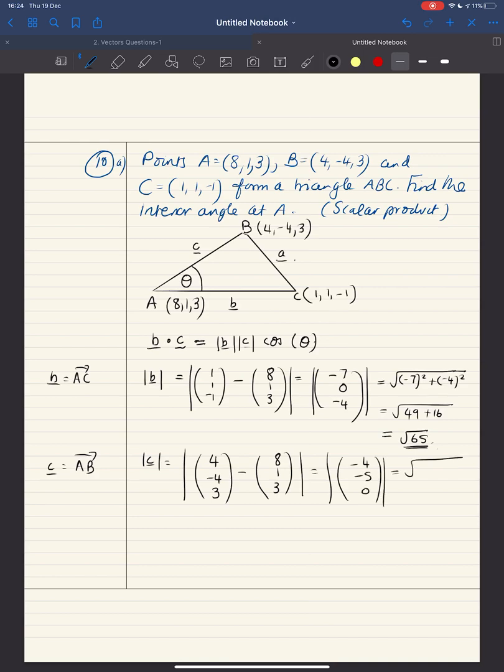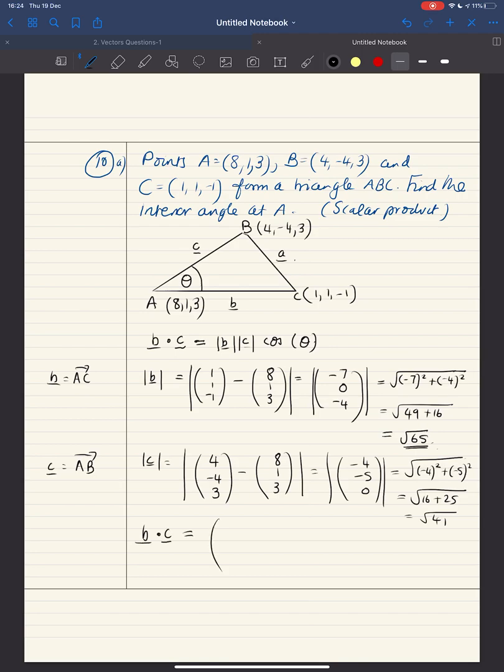This is the square root of minus 4 squared plus minus 5 squared. So the square root of 16 plus 25, square root of 41. Check my numbers. 16 and 25 I can see. Yeah, that's okay. Right, so we've got enough now. Oh, no, we haven't. B dot C.